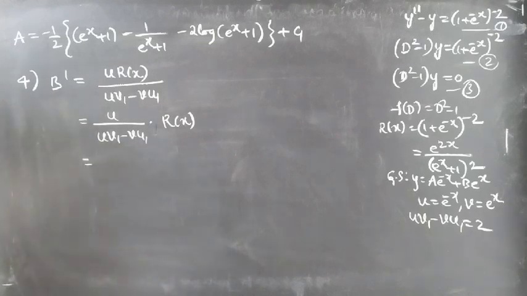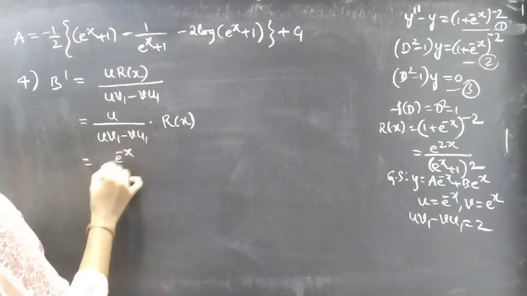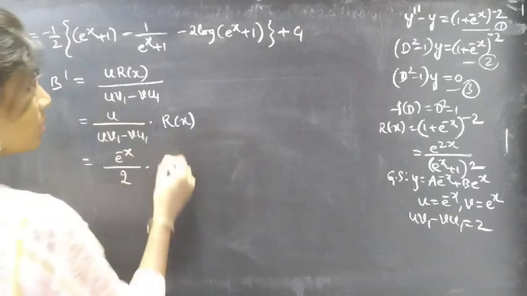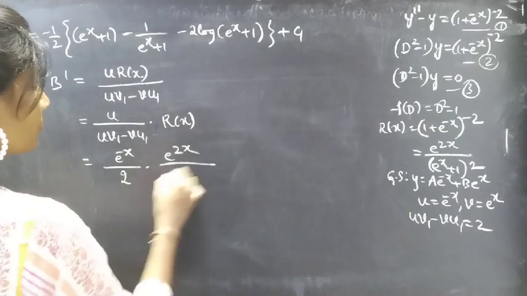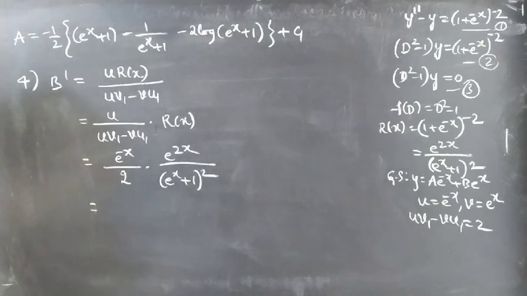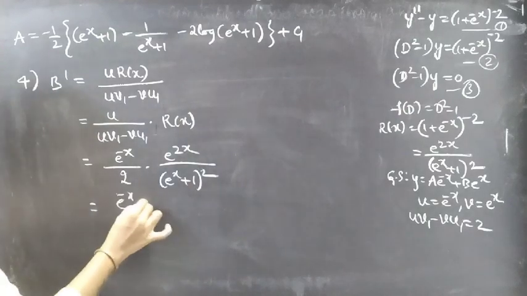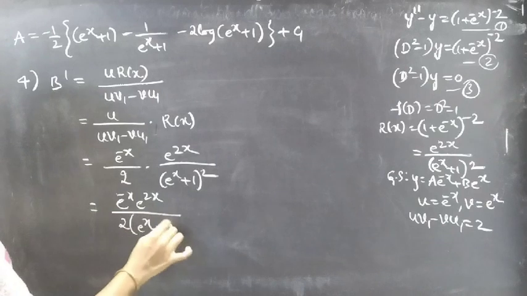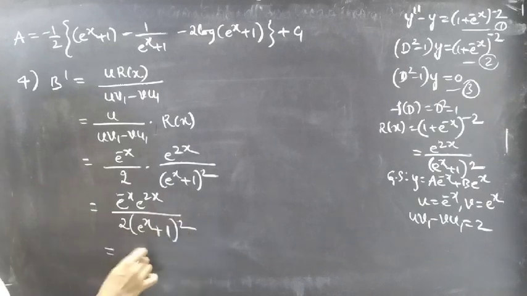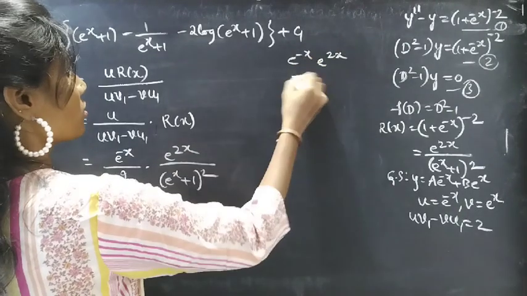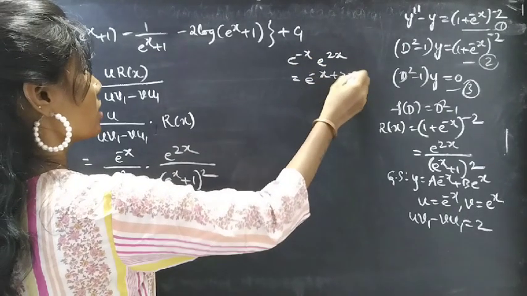This gives us u, e power minus x, by uv1 minus v1 is 2, into r of x is e power 2x by e power x plus 1 whole square. This gives us e power minus x into e power 2x by 2 times e power x plus 1 whole square, which is equal to e power minus x into e power 2x, that is e power minus x plus 2x.